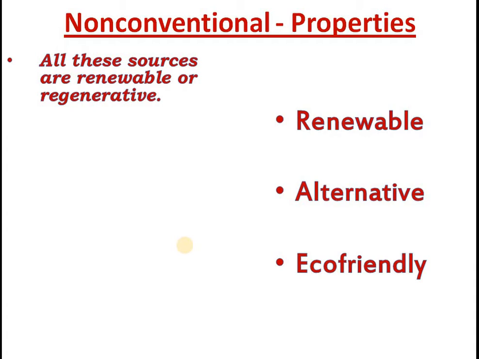But that is not the case with conventional sources, petroleum for example; once finished, you cannot reproduce it. But wind energy will be there forever. It is not going to be finished until the Earth and the solar system are there. Until the rotation of the Earth is there, wind will be there.